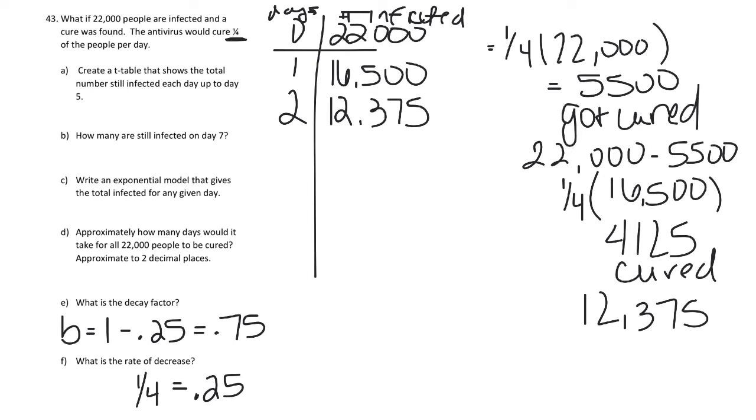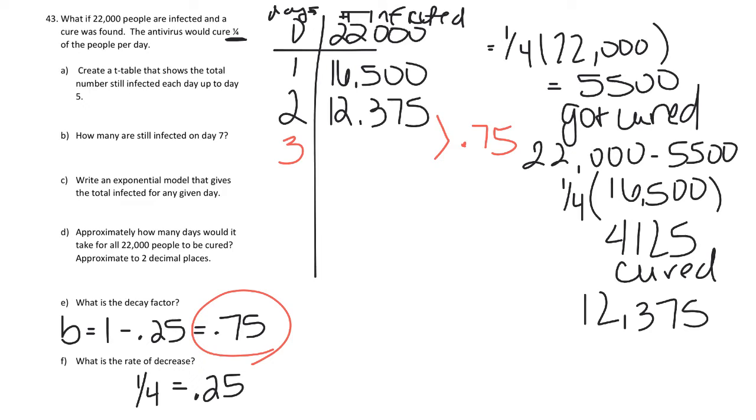But there has to be a better way, right? And the better way comes from the decay factor. If 1/4 of the people are cured each day, that means 75%, or 3/4, are still infected each day. So we could multiply instead by 0.75 to get the next number, and we cut out the whole subtracting thing.